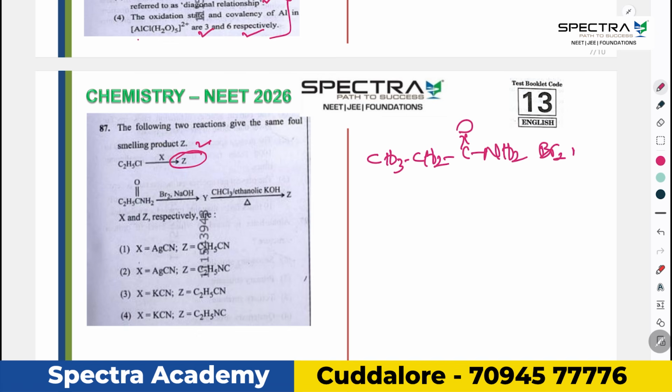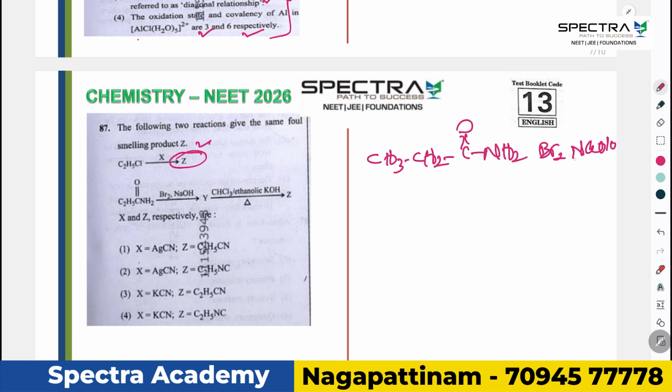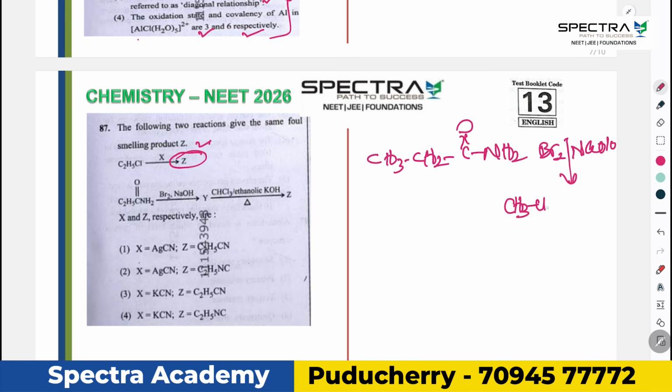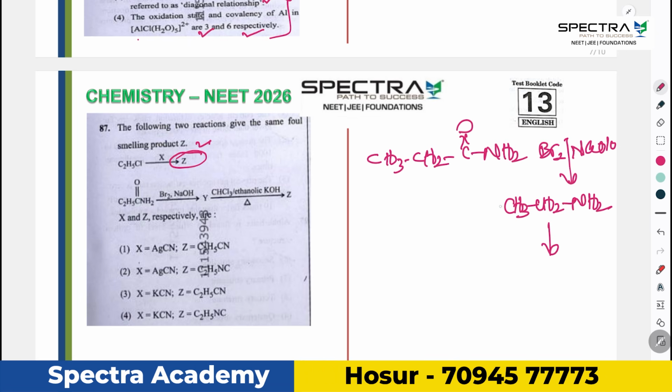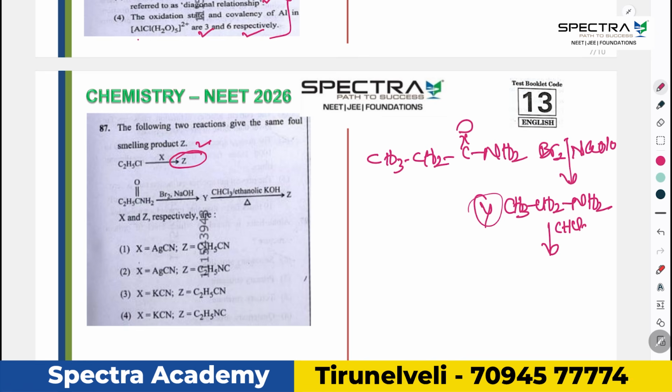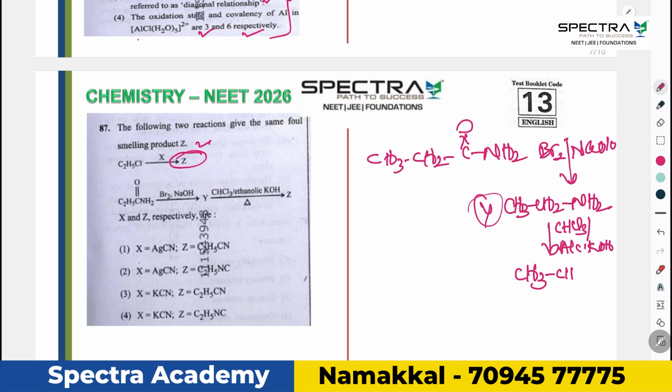With Br2 NaOH, this is a Hofmann bromamide degradation, you will get CH3 CH2 NH2. This is Y. And if you add chloroform in the presence of alcoholic KOH, that forms CH3 CH2 NC. This is Z.